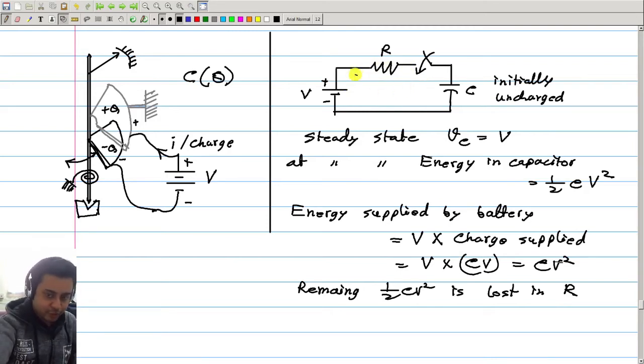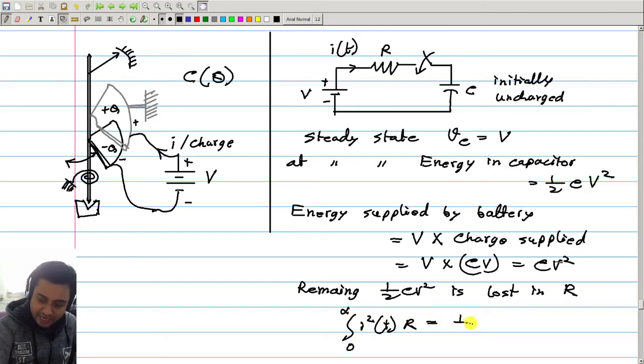So you can write the differential equation, solve for how this current I varies as a function of time. Then you integrate this quantity I square R over time 0 to infinity. This will be exactly half CV square. This is a nice exercise that you can do yourself.